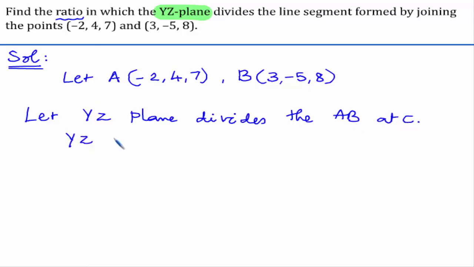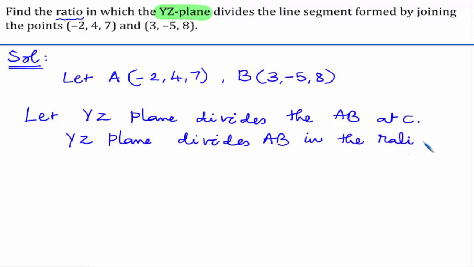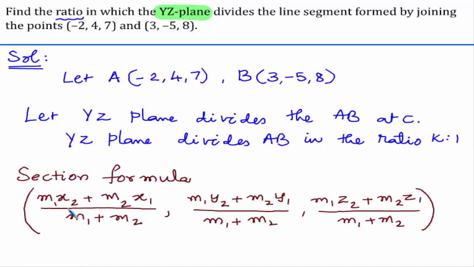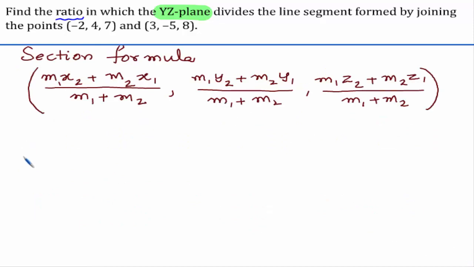And the YZ plane divides AB in the ratio k is to 1. That means C divides AB in the ratio k is to 1. So the section formula is (m1x2 + m2x1) by (m1 + m2), (m1y2 + m2y1) by (m1 + m2), and (m1z2 + m2z1) by (m1 + m2). Using that, let us find out the point C now.